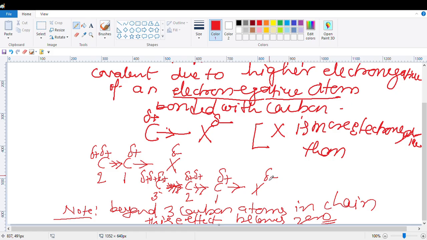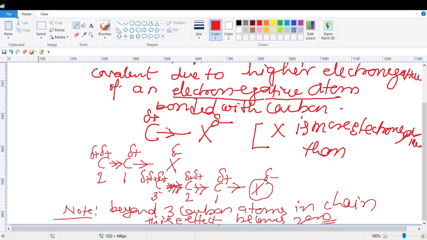What does it mean? The X has direct influence on C1, indirect influence on C2 and C3. So therefore, as we move along the chain, the distance from X will increase, and beyond 3 carbons in a chain, the effect of X on C4 will become 0. That's why we say that beyond the 3 carbon atoms, the effect will become 0.